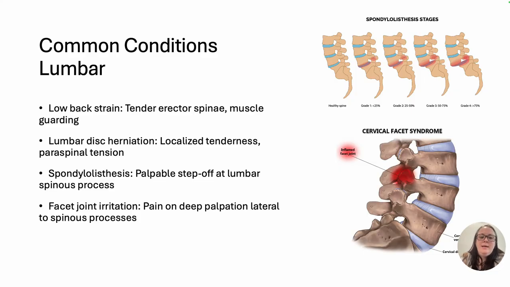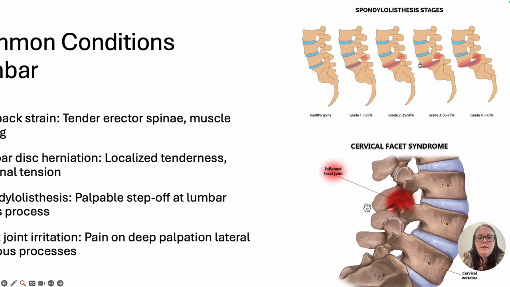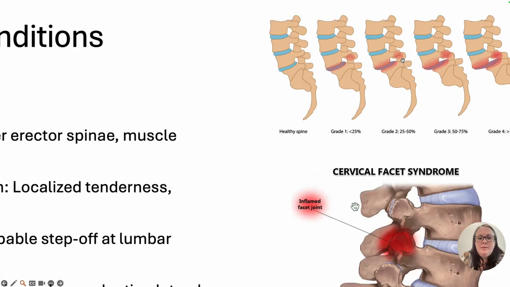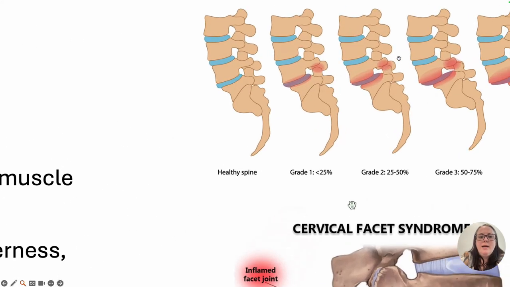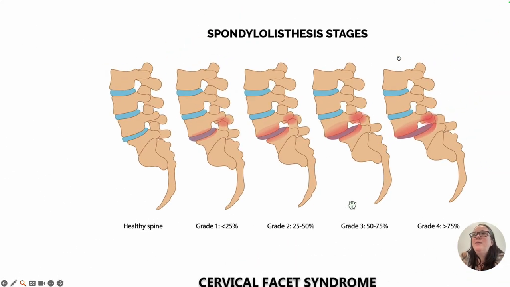This is when, I'm going to show you here, you have a slip in the vertebrae. So that sucks. It could be from degeneration, injury, whatnot. What's happening is the two vertebrae, top and bottom, aren't lined up like they should be anymore, and you have a disc slide of some sort, or a vertebral slide.